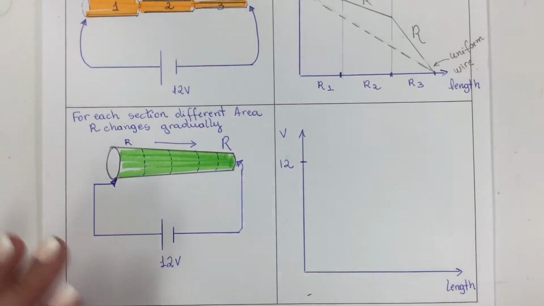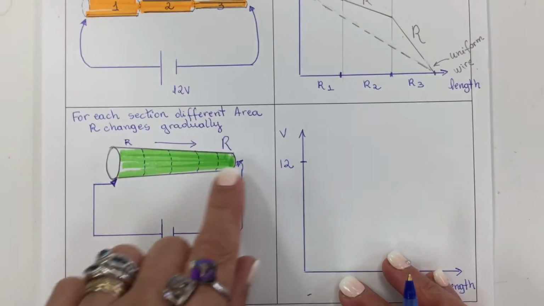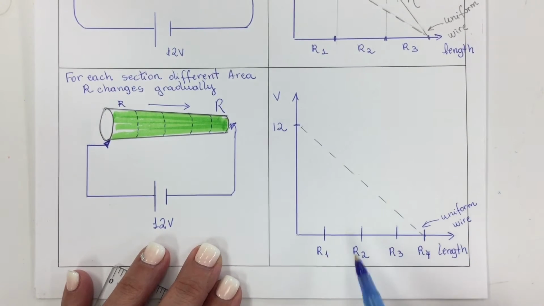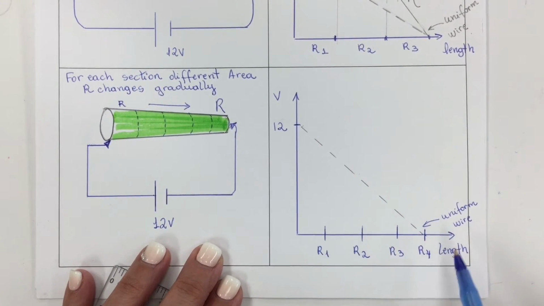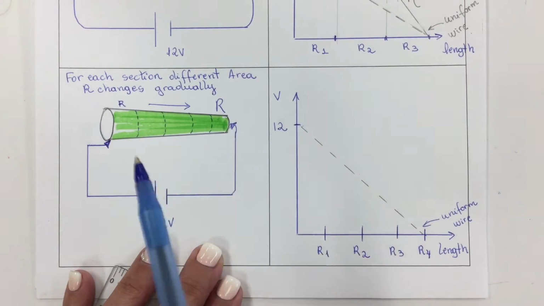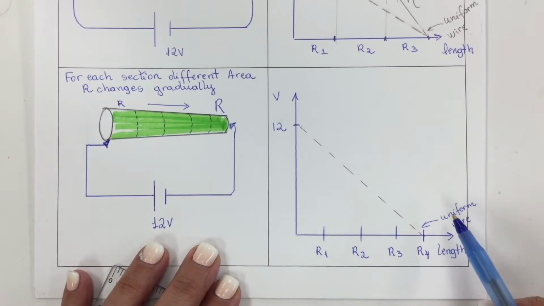It's going to increase with the decrease of cross-sectional area. So to sketch this graph, I'm going to get 4 sections here from this gradual change in cross-sectional area. And this fine line represents the uniform wire as a reference.